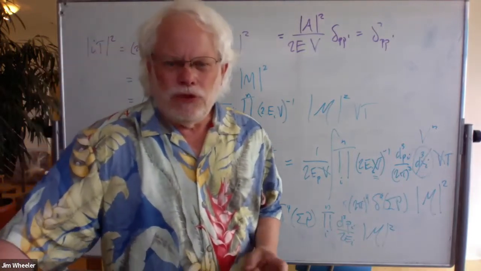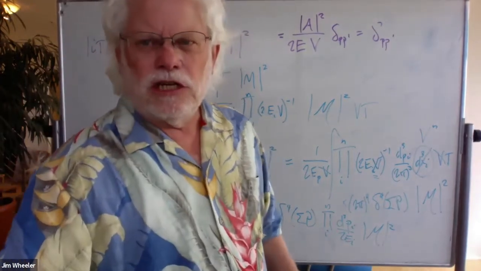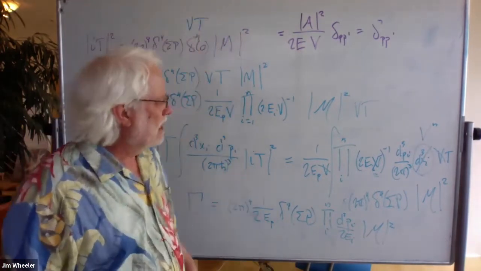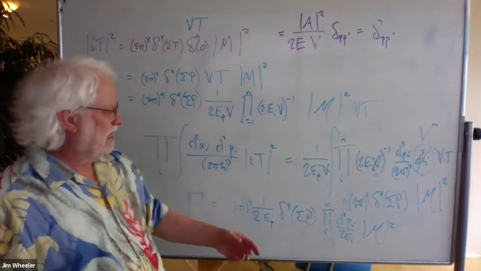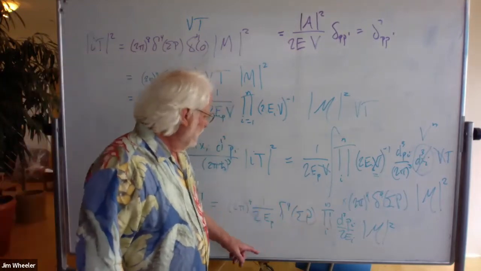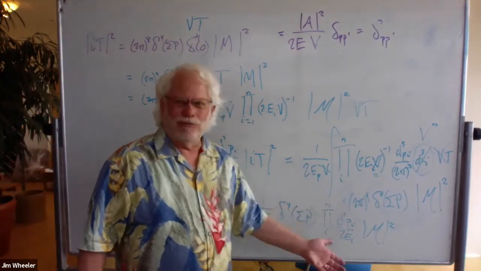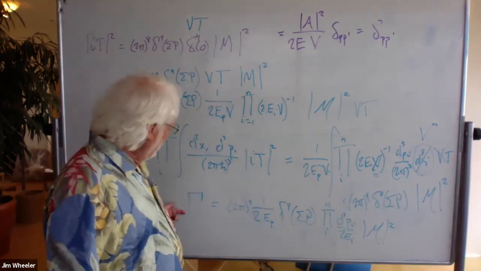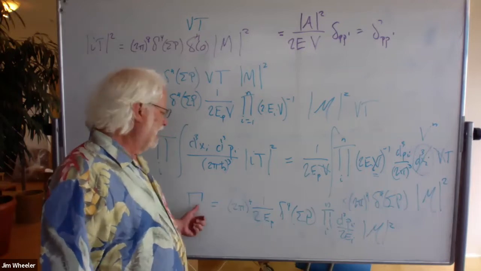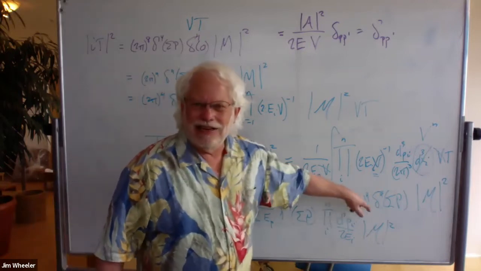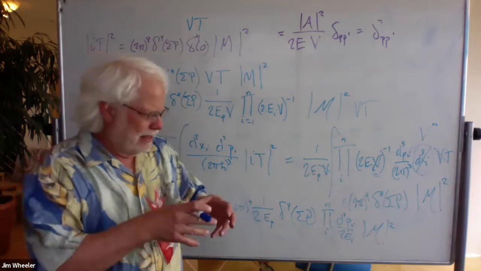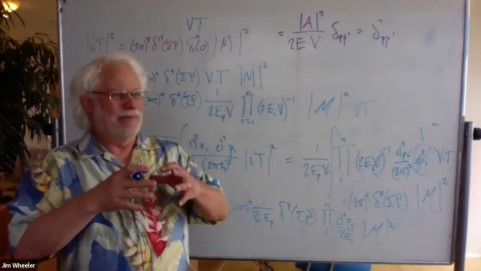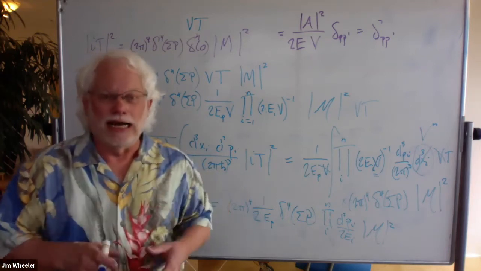Now, if you want a differential rate, if you want to know what is the rate of decay into, like, a pion, then you can leave the pion variable as d3p, not integrate over it, and find out how d gamma depends on the infinitesimal volume element in momentum space for your final pions.